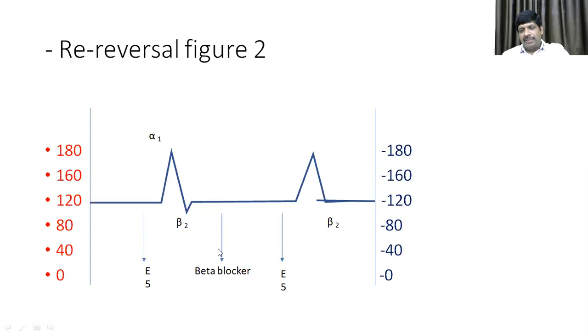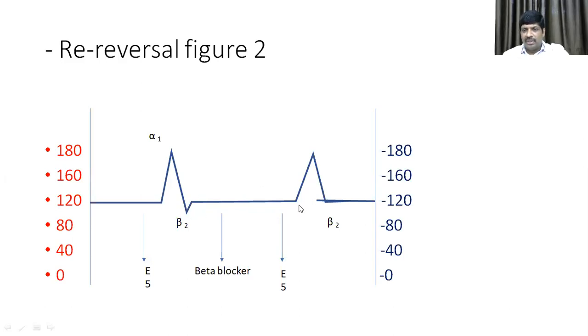Then here you give beta blocker. What we do in the reversal, we give alpha blocker. Here we give beta blocker, and then you take a tracing and then put epinephrine. The beta blocker is not yet metabolized. It is still there, it has blocked the beta receptor. That means this is blocked, you will not get this response. What is the response you will get?